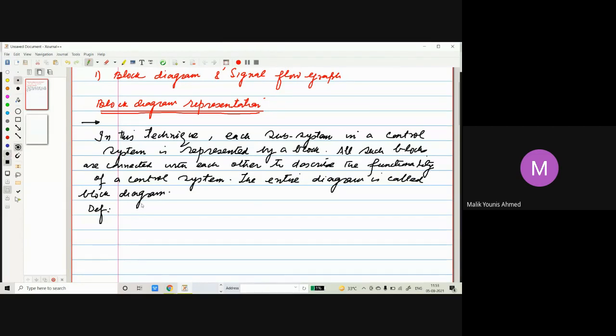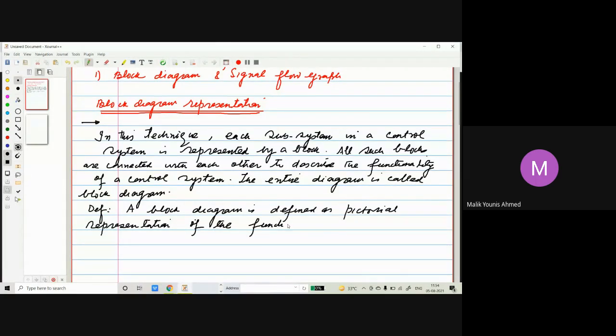So we say that a block diagram is defined as a pictorial representation of the functions performed by each subsystem and the flow of signals.